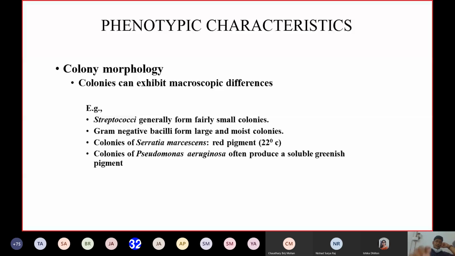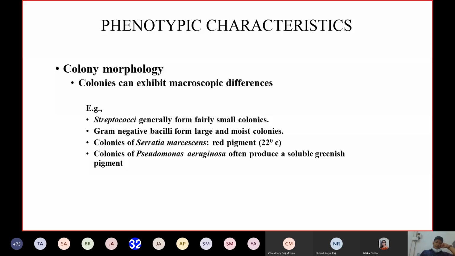So here you have to understand colony morphology is specific to different type of organism. There is certain range of overlapping between the organisms. That's why sole colony morphology cannot be used to identify the organism. It is one of the adjuncts, one of the additional points to identify the organism.